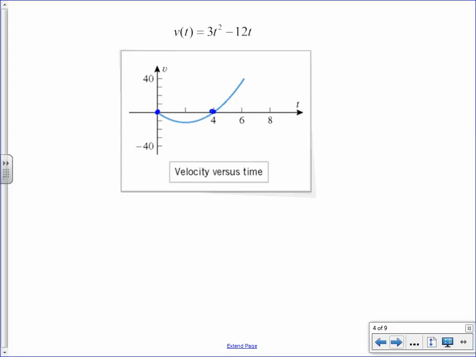Both are correct because speed and velocity are related, but since we're talking about a velocity graph, it may be in our best interest to describe it as velocity is 0. That's where our velocity graph is hitting the axis, and so our velocity is 0. What happens when a particle has a velocity of 0? There's no change in position. It is stopped at that particular time.